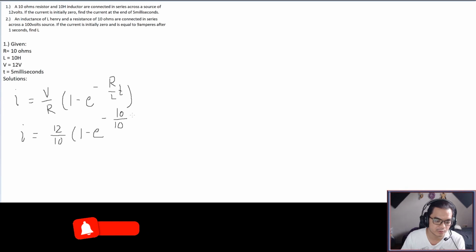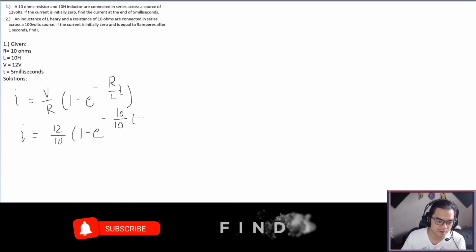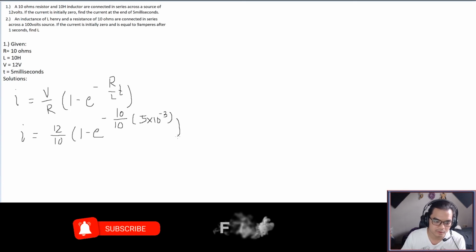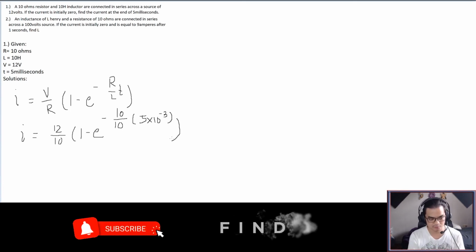So be careful with this one. In order for you to put 5 milliseconds, that is 5 milli, is times 10 raised to negative 3. All you have to do now is just input this in your calculator.